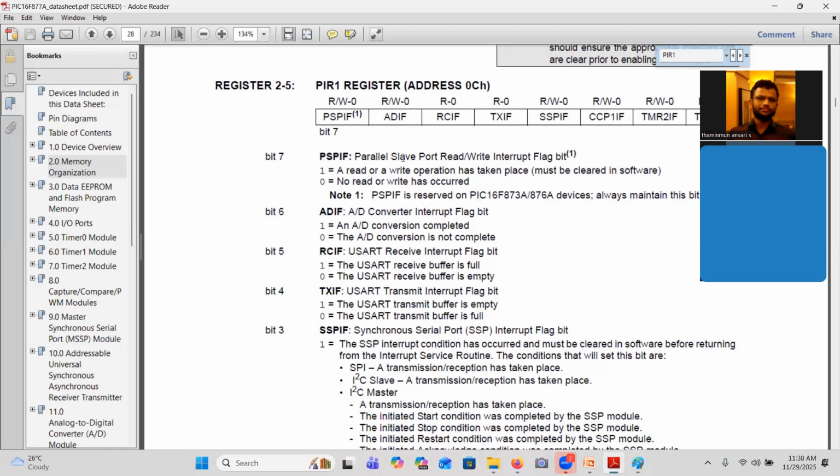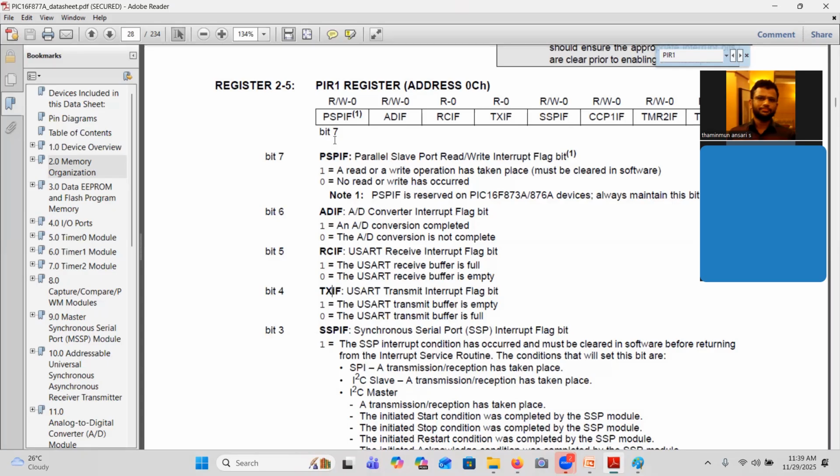How can we judge that one byte has been successfully shifted to the LCD? Let's say I am writing hello, and I just shift H. If the H is completely shifted to the LCD, the PSPIF flag will be set to 1. So after pushing data to the parallel slave port, I can poll this bit to check whether the write operation succeeded.